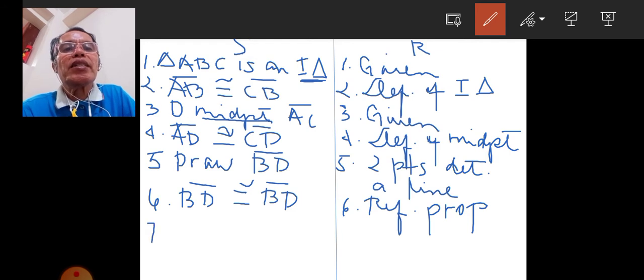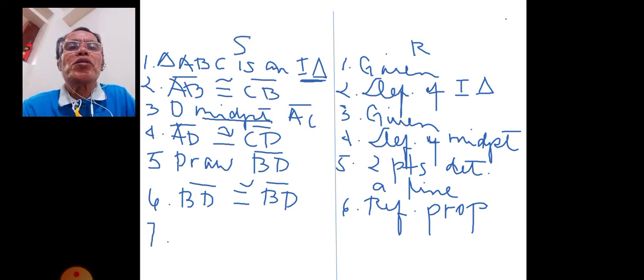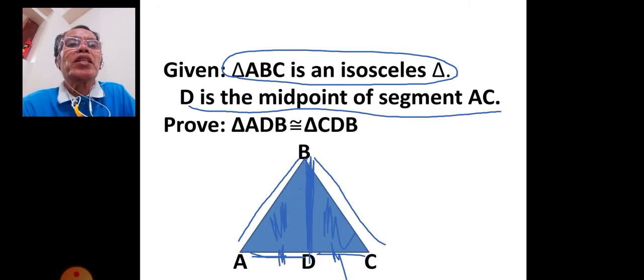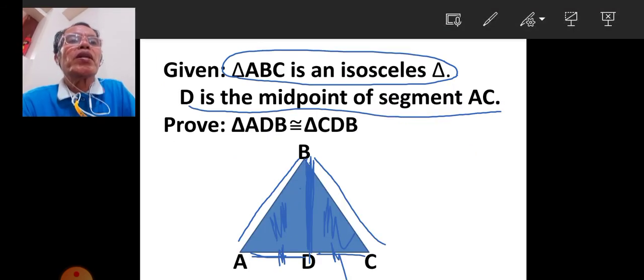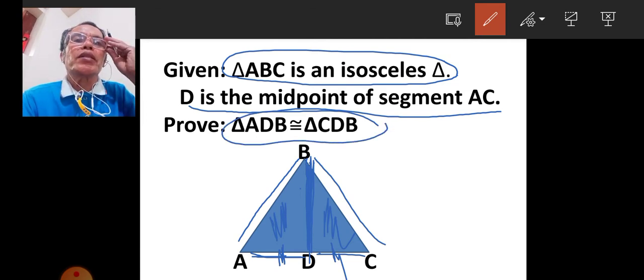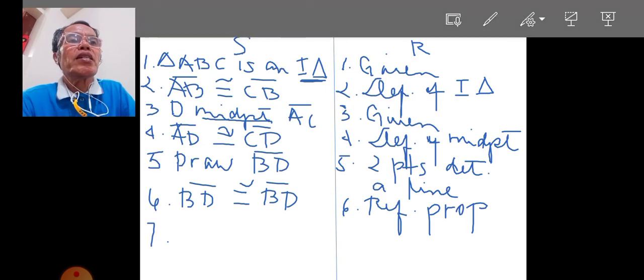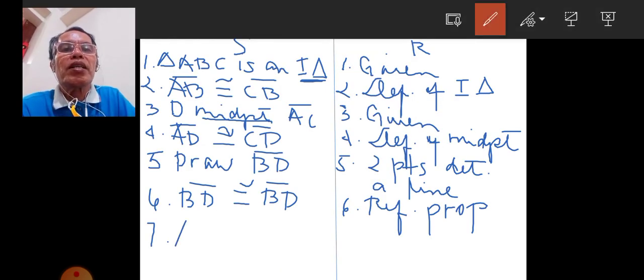And your last statement must be the one that we are supposed to prove. So our last statement must be triangle ADB is congruent to triangle CDB.